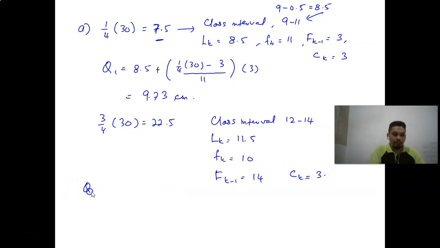So the third quartile equal to 11.5 plus 3/4 times 30 minus 14, divided by 10, multiplied with 3, equal to 14.05 centimeter.